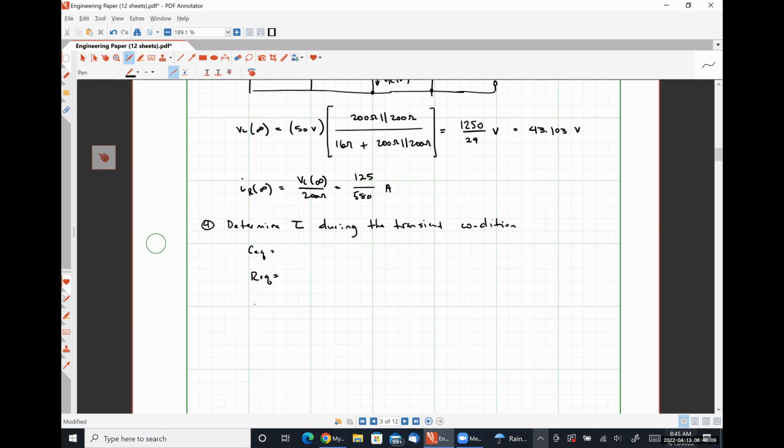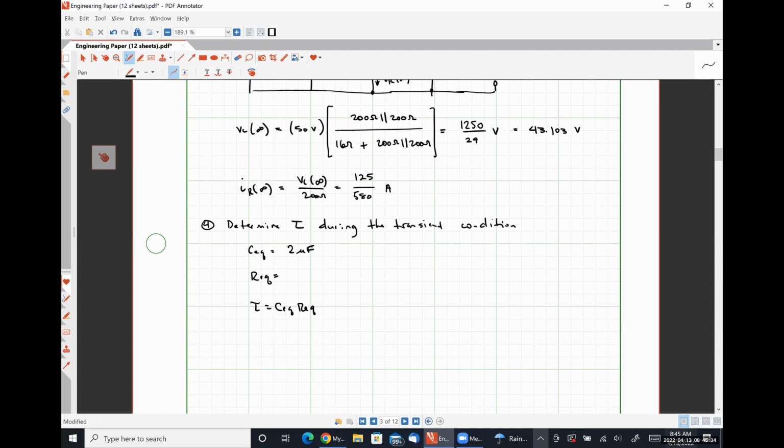And then we're going to plug these values in to find tau is equal to CEQ times REQ. Well, CEQ is pretty easy because there's only one capacitor in the circuit, so it pretty much has to be that. 2 microfarads. Anybody have any objection to literally writing down the number that we were told?